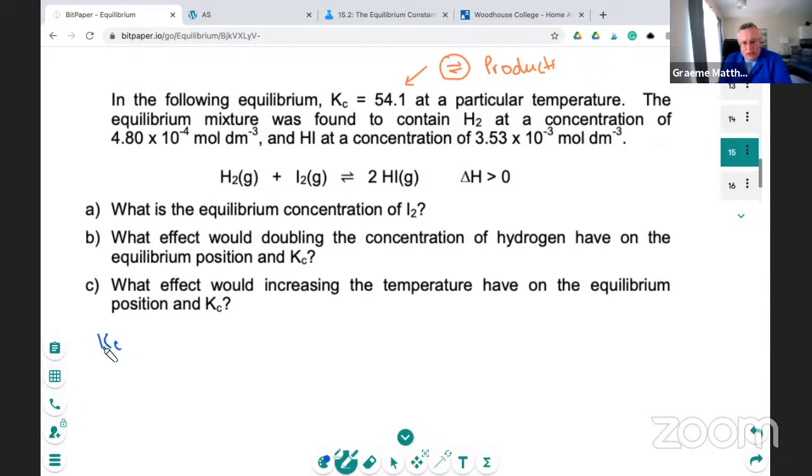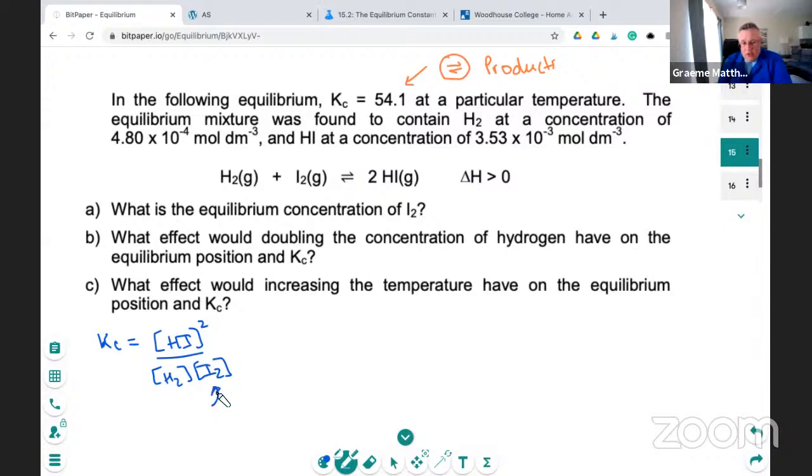So start off in blue. Write the Kc expression first: Kc is equal to HI squared over H2 times I2. Now, they're looking for I2.